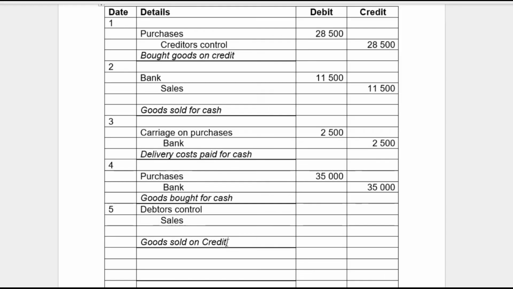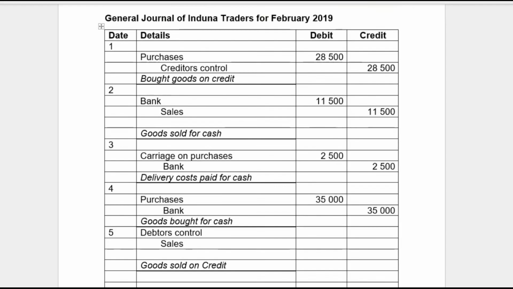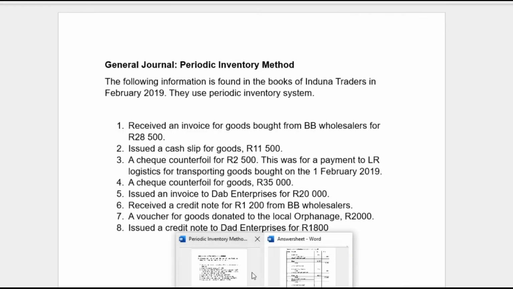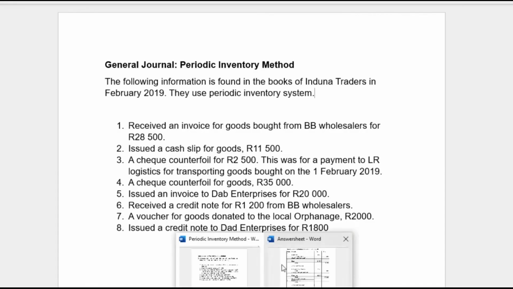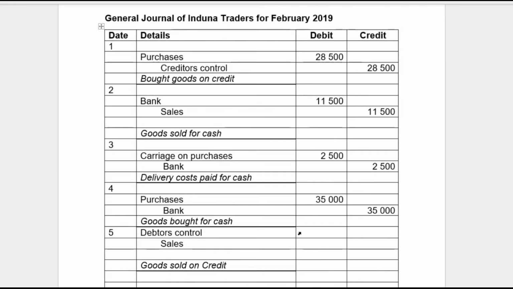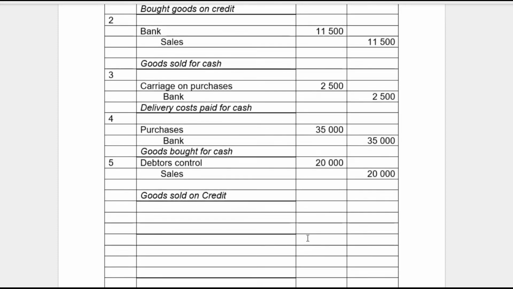And then how much did you sell for? Let's go and check it there on your question. You sold goods on credit for 20,000. Then you come there and say debtors control 20,000, right? And then sales 20,000. That's how we record transaction number 5.